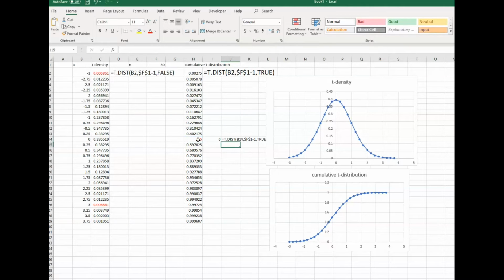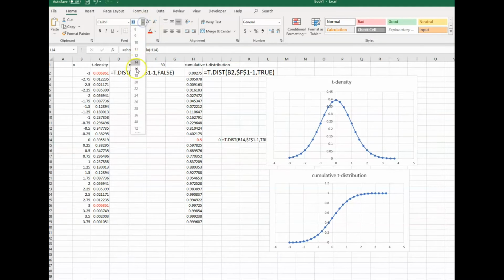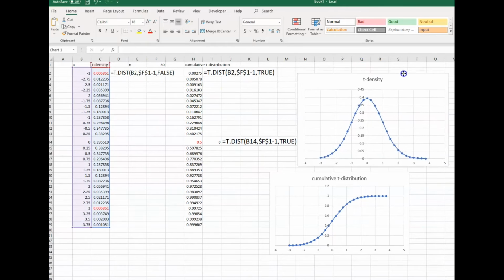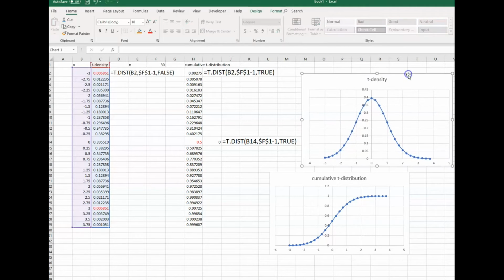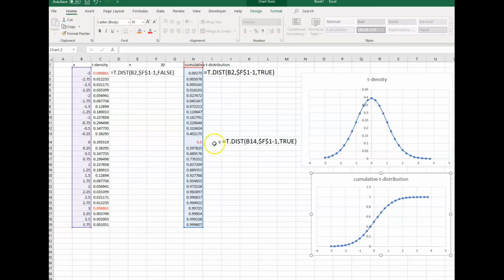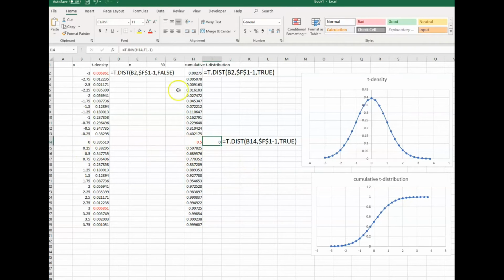Show formula. If we use T.DIST, for a given x value we calculate probability.